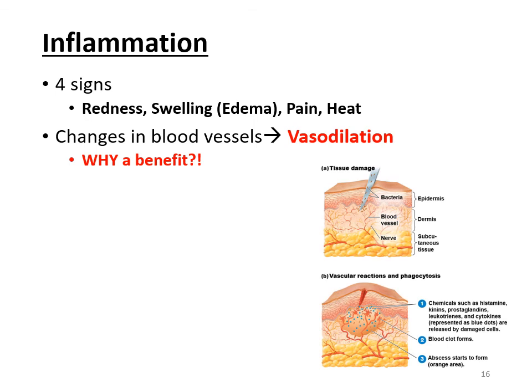Now, when you have that inflammation, the benefit is that with that vasodilation, you get increased blood flow. So you get more blood volume in that area to have more white blood cells protecting you and fighting the pathogen. So it's a good thing for you because it means more white blood cells in that location.